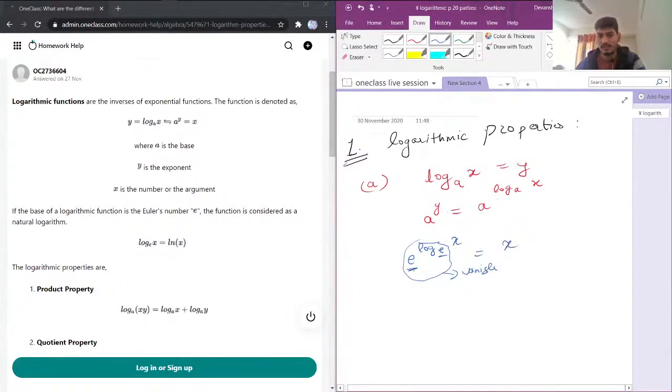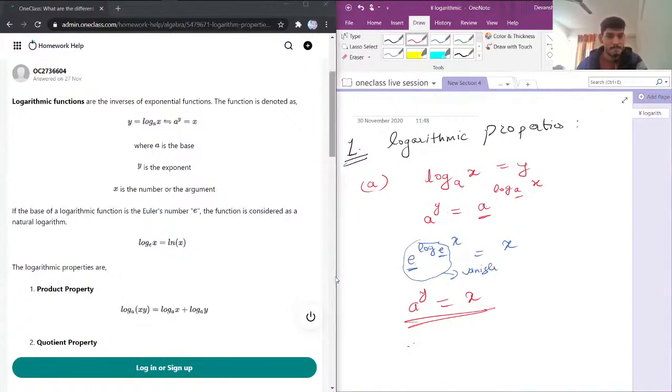So e power log base e x equals x. So if the number at which we are raising the log is the same as the base of the log, then the log vanishes and we have only x. In this case also, my a power y will be equal to x. This is the property of log.